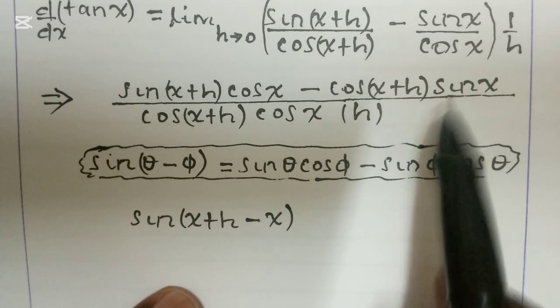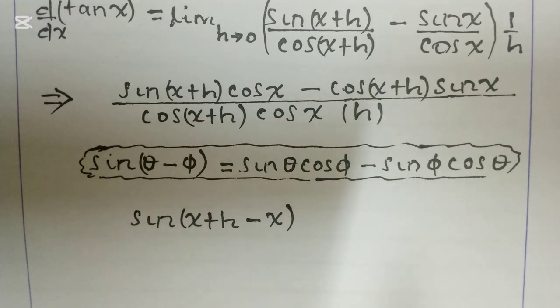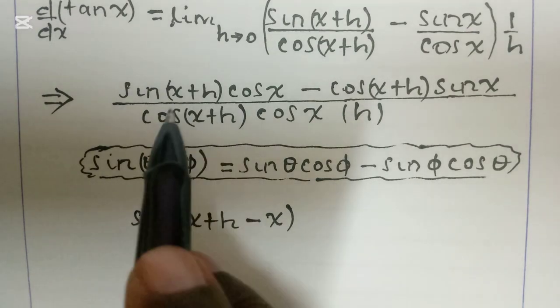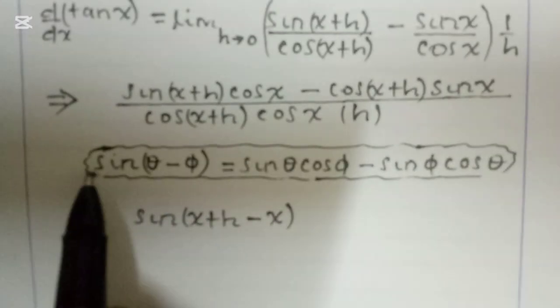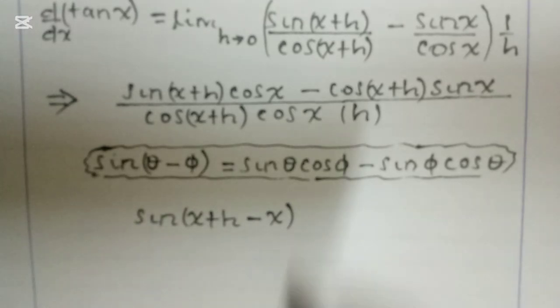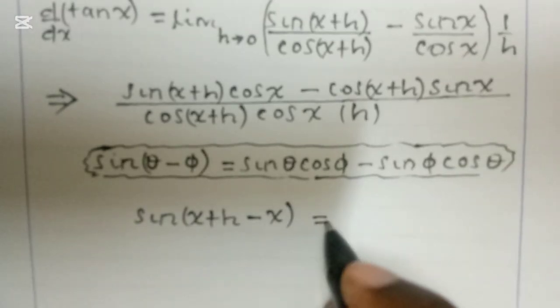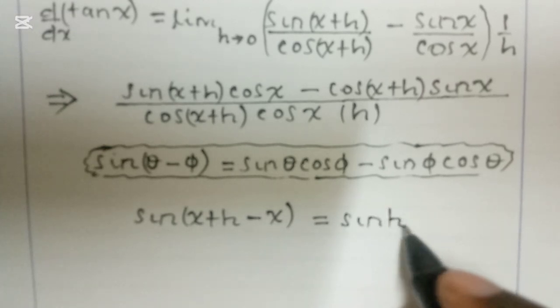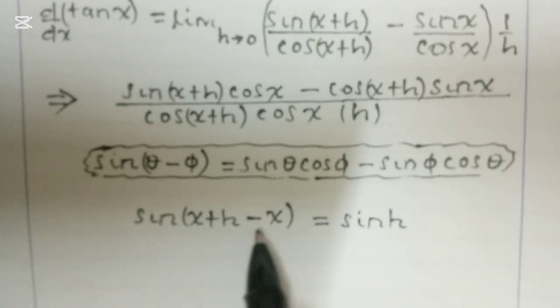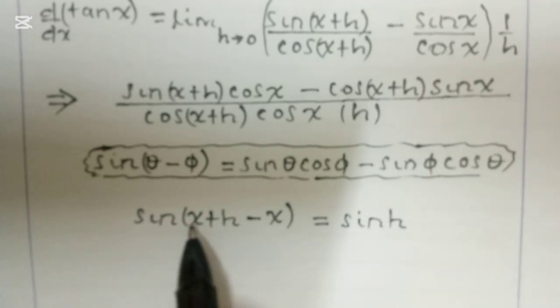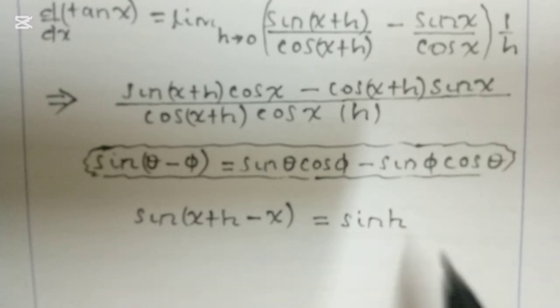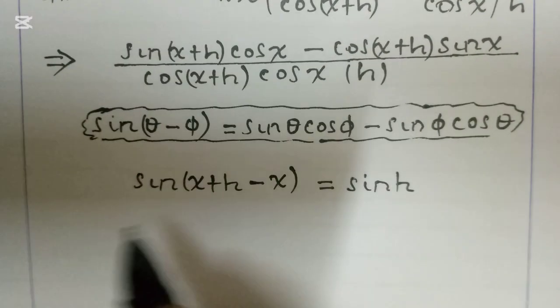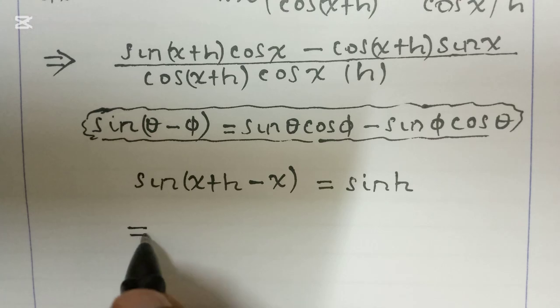And so when we do that, we are able to transform this into this format. And this one gives us sin h, because x plus h minus x is h. And so we shall have something like this now.